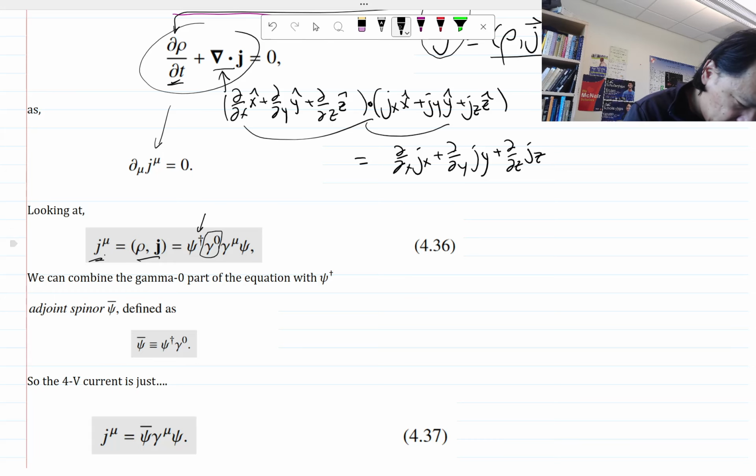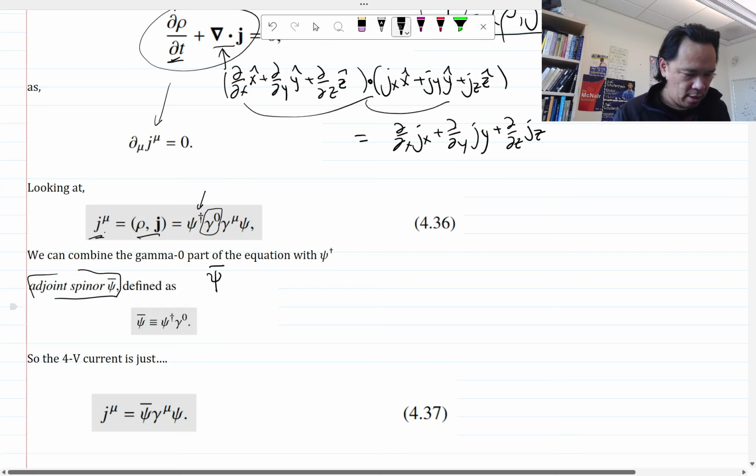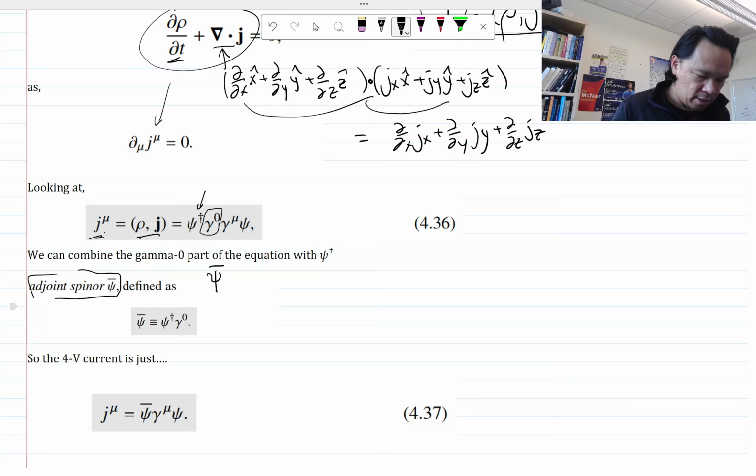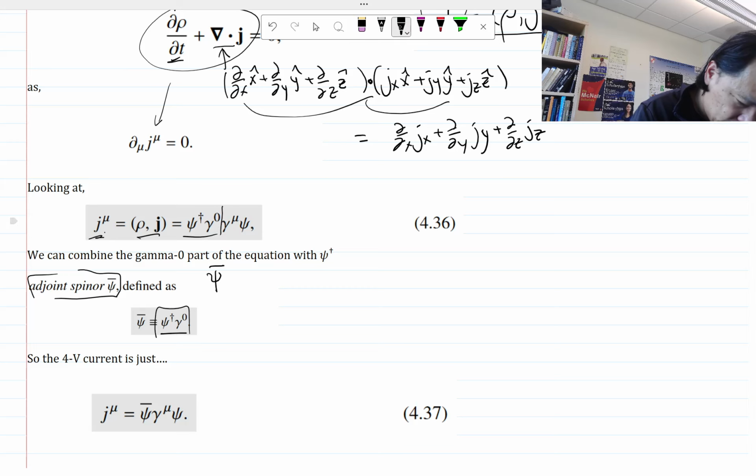Right now this thing here is psi dagger. We're going to be a little bit lazier and define a new adjoint spinor, which we'll call psi bar. In this case, this does not mean the antiparticle. It's defined as psi dagger gamma 0. We're just going to put these two things together and call it psi bar.